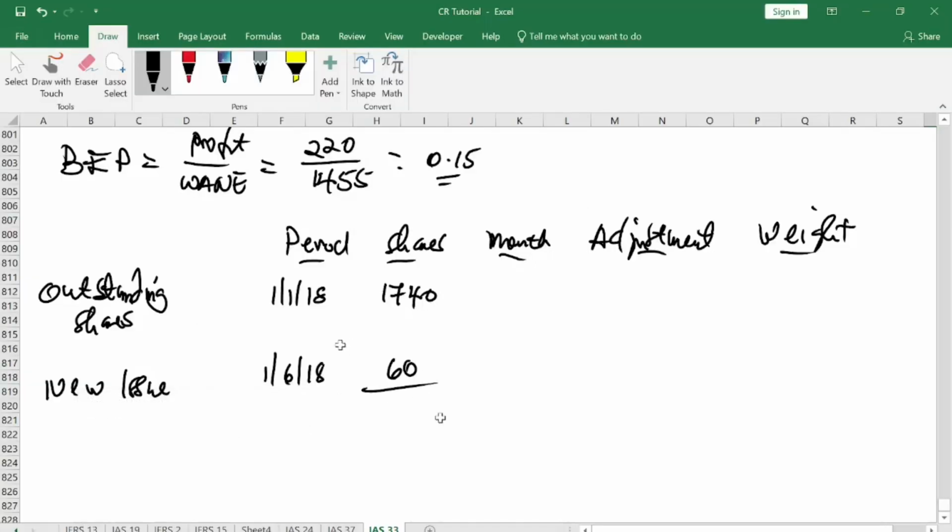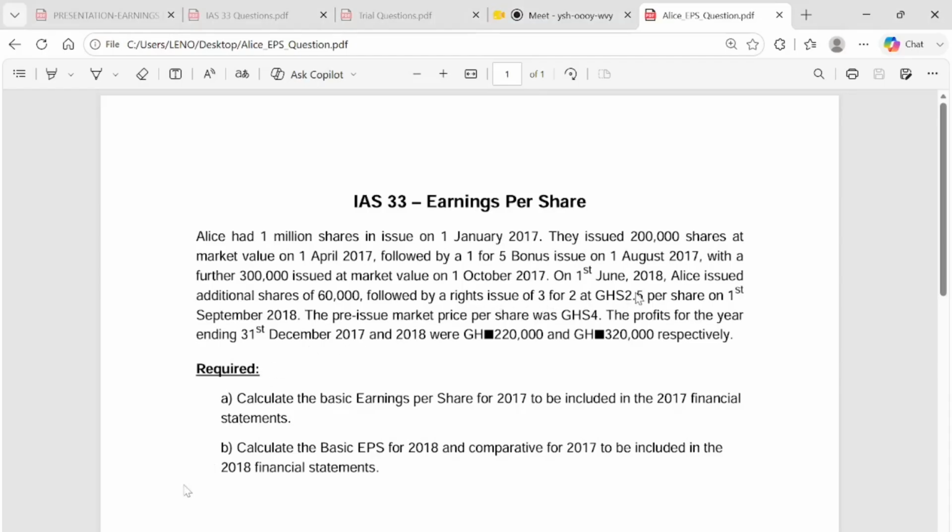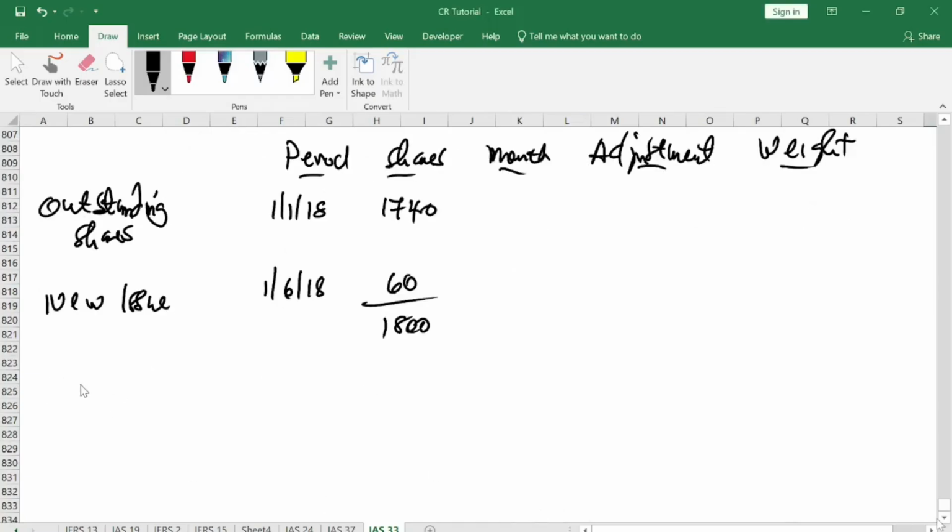So we add it: 60 plus 1,740 gives you 1,800. Is there a new issue? Yes, there was a rights issue of 342 on 1st September 2018. So rights issue, 1st September 2018.